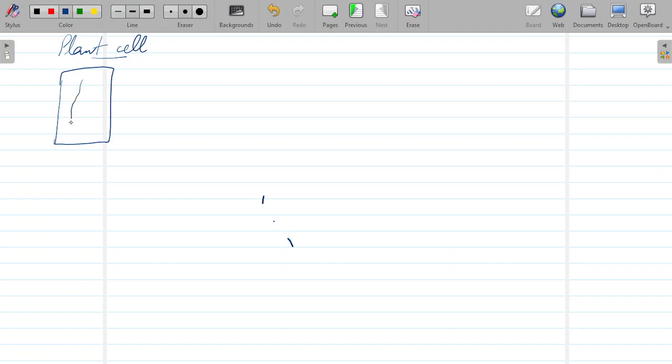There was a large empty space inside, and there was a sort of wall surrounding the cell, and then you got other things that you could see.